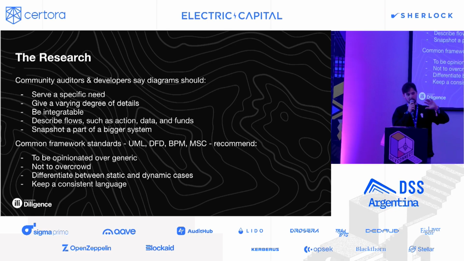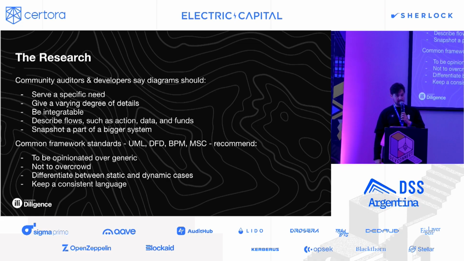So it could be a general architectural overview. It could be data flow, control flow, fund flow. Even if it doesn't end up being that way, the intention is usually to do something specific. It is also true that even if the level of technical detail ends up varied in the diagram, they usually are intended to be either super detailed or general, not a mix, but one type of degree.